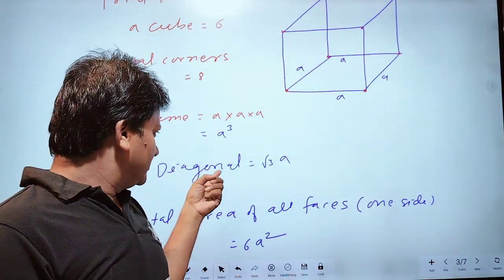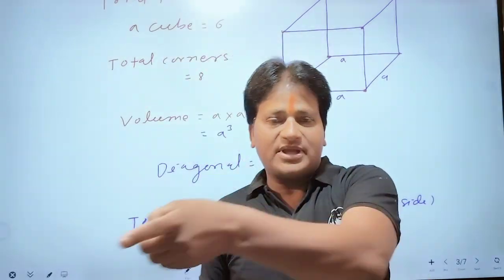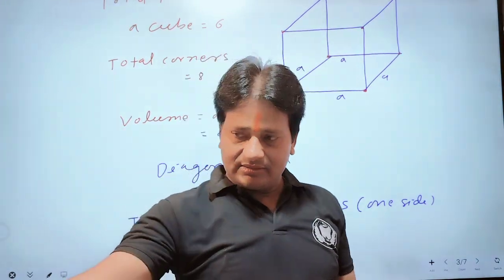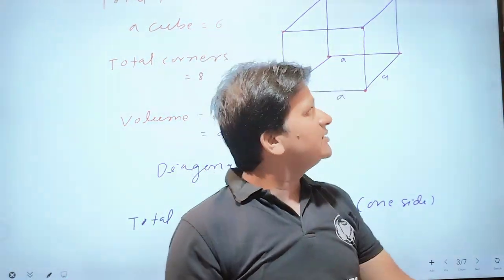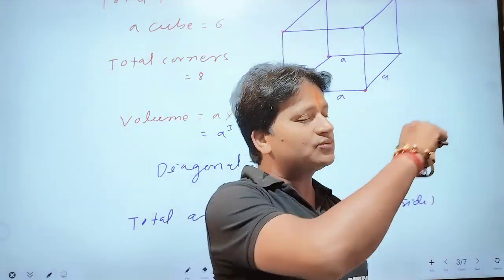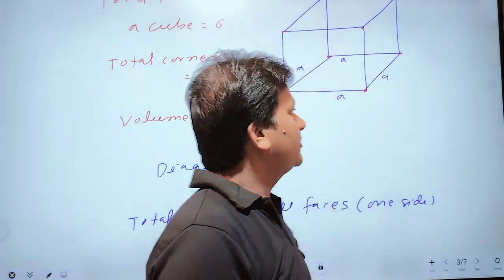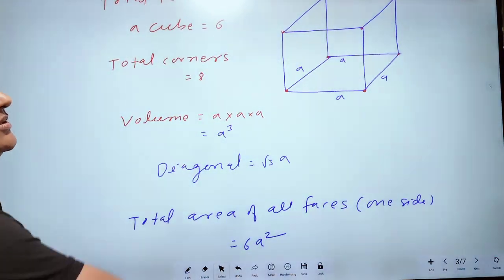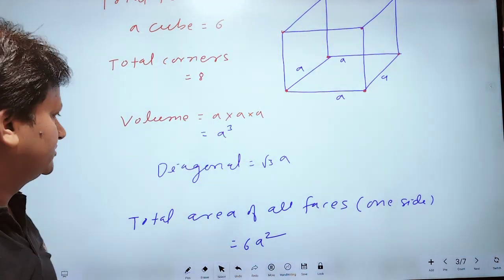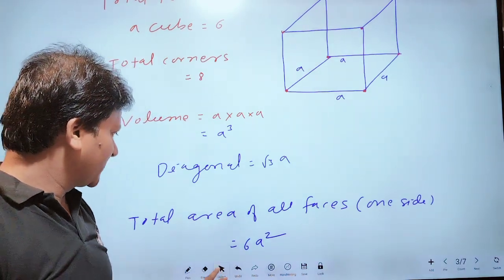What will be the diagonal? Root 3 a. This is the diagonal. Okay. This is root 2 a and this is a. Therefore, diagonal will be equal to the square root of (root 2 a) squared plus a squared, which gives root 3 a.